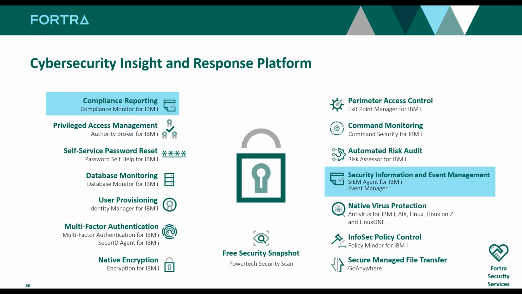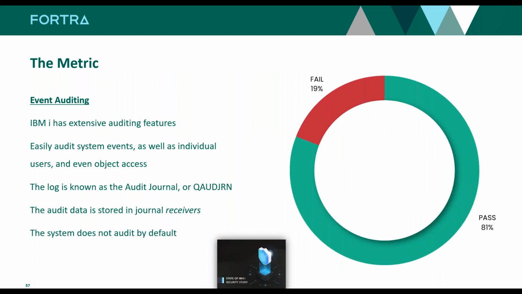So how do you know what's going on in your systems? Reporting on that, feeding those items to a SIM are important windows into the activity happening on your systems, both the good and the bad. So event auditing, again, only 19% of the systems surveyed had auditing even turned on.